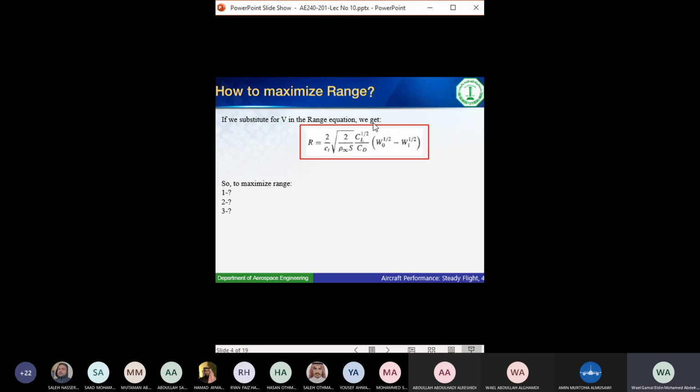So in order to maximize the range, put more fuel in here, use a lower CT engine with better performance and less fuel consumption, and use an airfoil that has the maximum CL to the power 1/2 over CD. And this depends on the wing. Any questions?